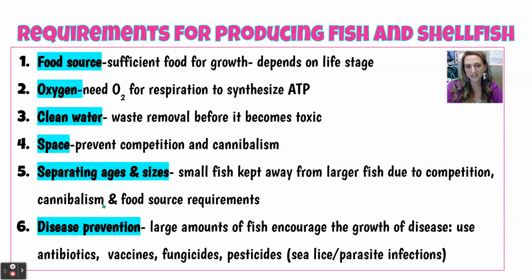If you have a high density stock of fish, a large amount of them are going to encourage the growth of disease and the transfer of disease. So things will be used: vaccines, fungicides, pesticides, antibiotics. The pesticides are going to be mainly for your sea lice and parasite infections, because parasites spread really easily in aquatic systems.